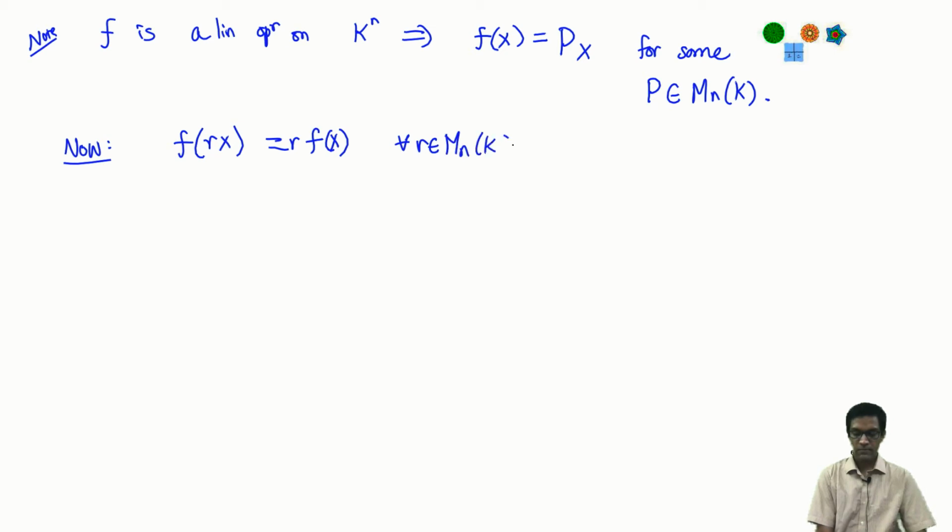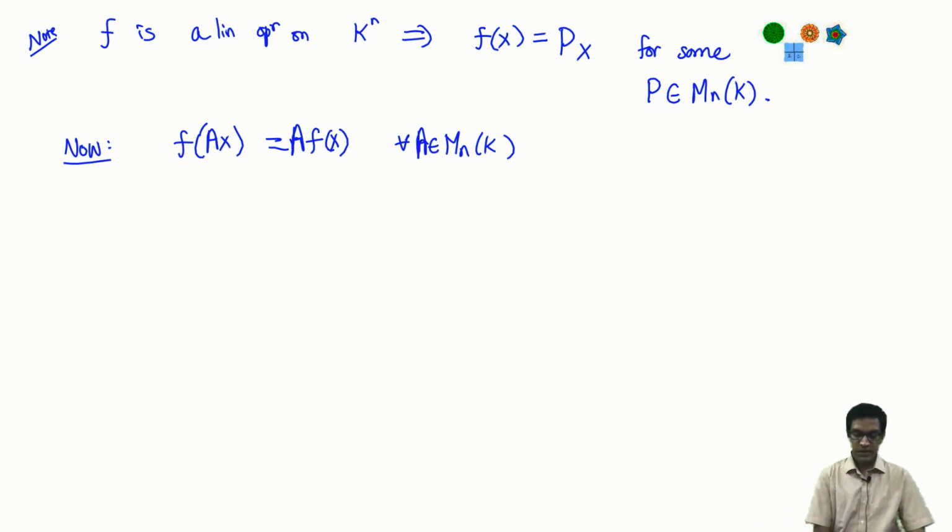The ring is M_n(K). Instead of R, let me call it A, which is maybe better notation because psychologically I think of it as a matrix. So f of Ax should be A acting on f of x for all matrices A in M_n(K).